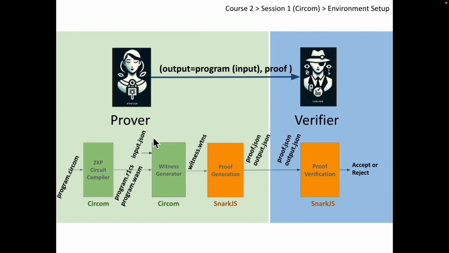Additionally, the input is written in a JSON file format and then fed into the witness generator. The output file extension of the witness generation step is .wtns. The proof generator receives the witness file and generates a proof and an output in JSON file format. Finally, the proof verification process receives them and verifies the proof.